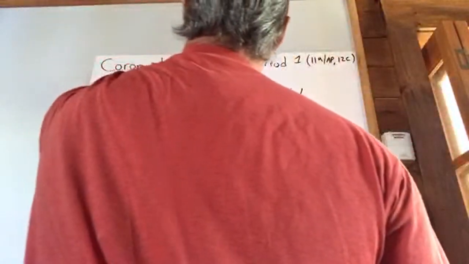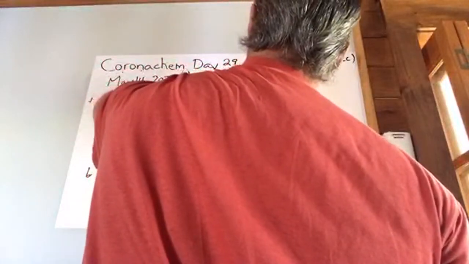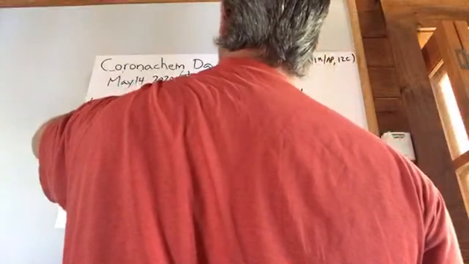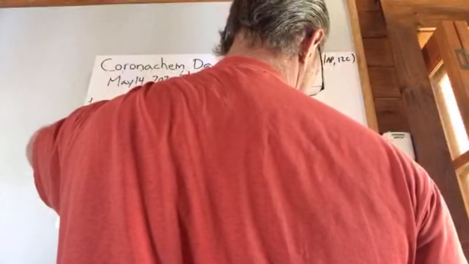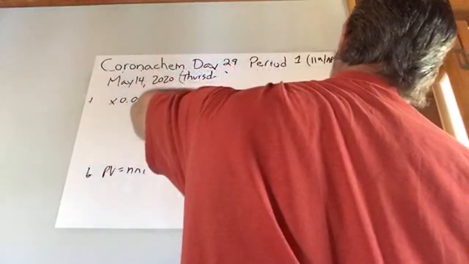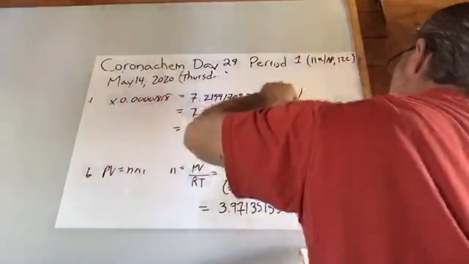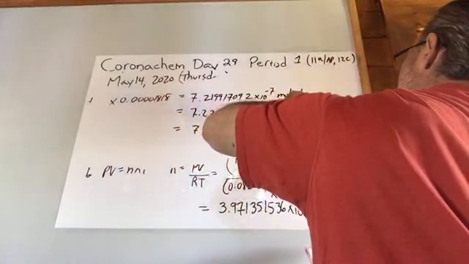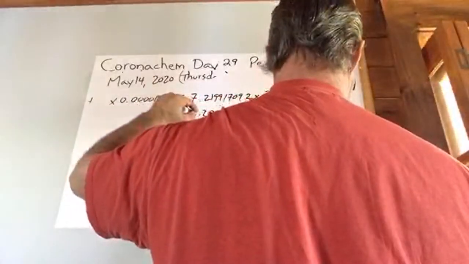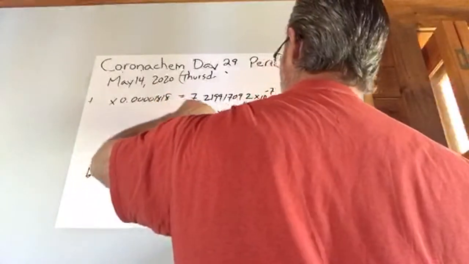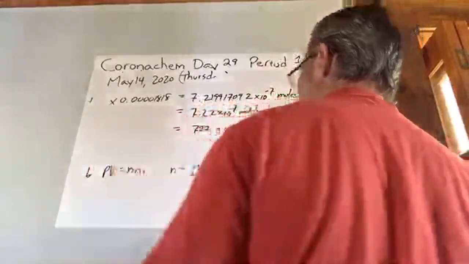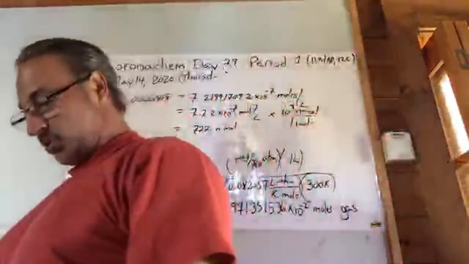Another way of saying it is if you multiply by 10 to the 9 nanomoles per 1 mole, it comes out to 722 nanomoles, or billionths of a mole, 722 billionths of a mole.